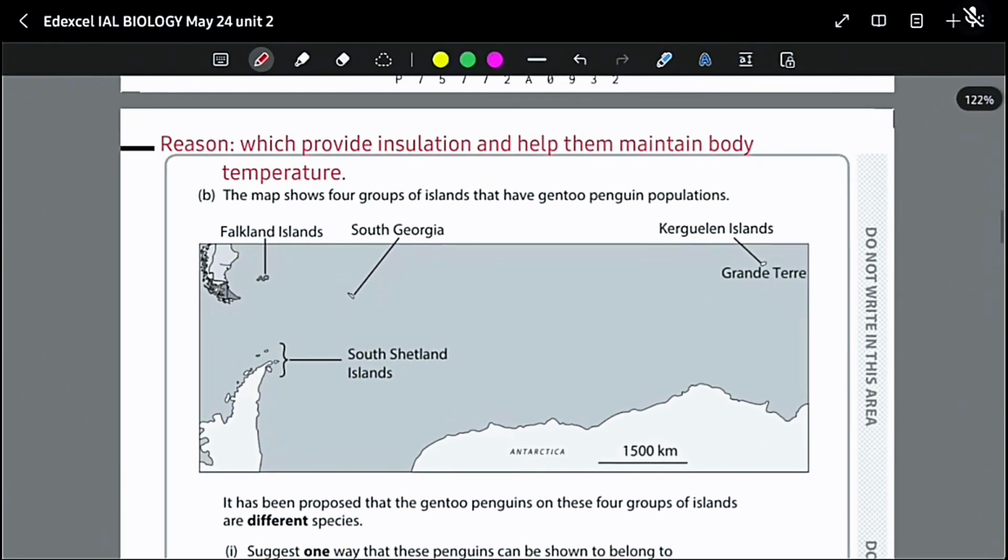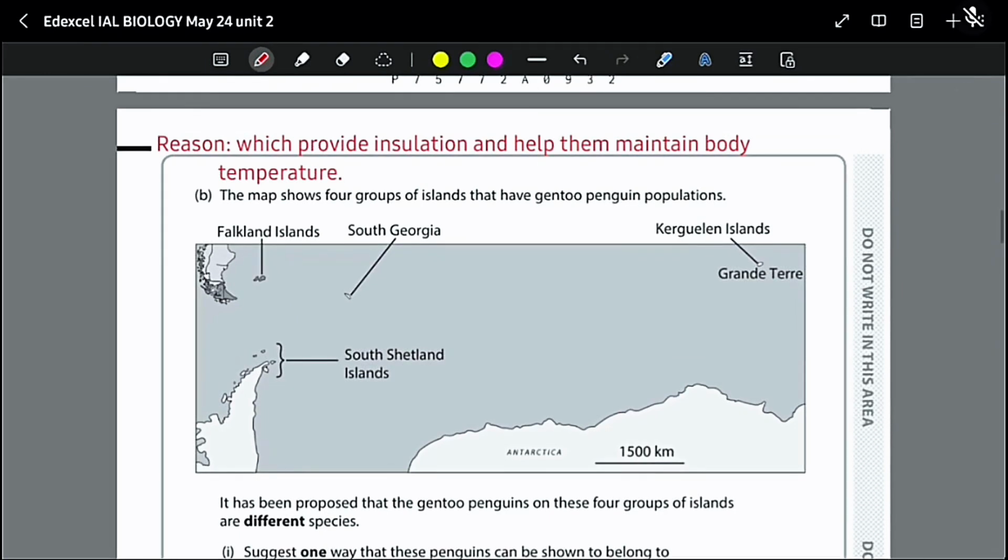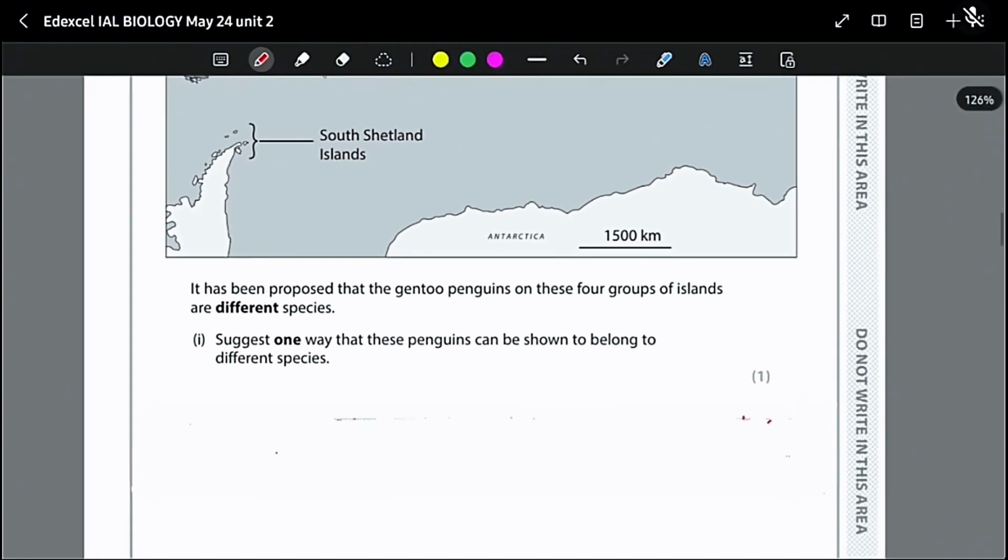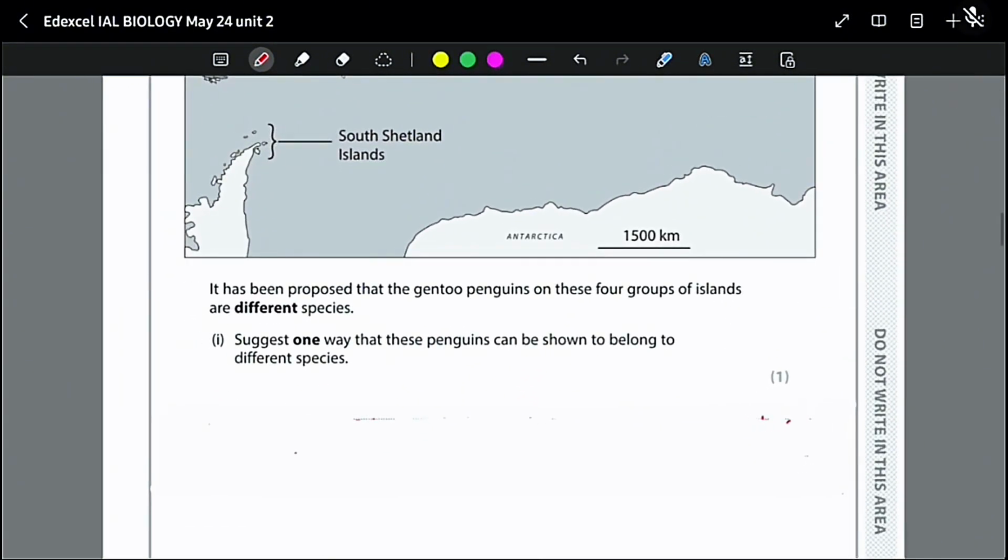The map shows 4 groups of islands that have Gentoo penguin populations. So here are the 4 islands. It has been proposed that the Gentoo penguins on these 4 groups of islands are different species. Suggest one way that these penguins can be shown to belong to different species.